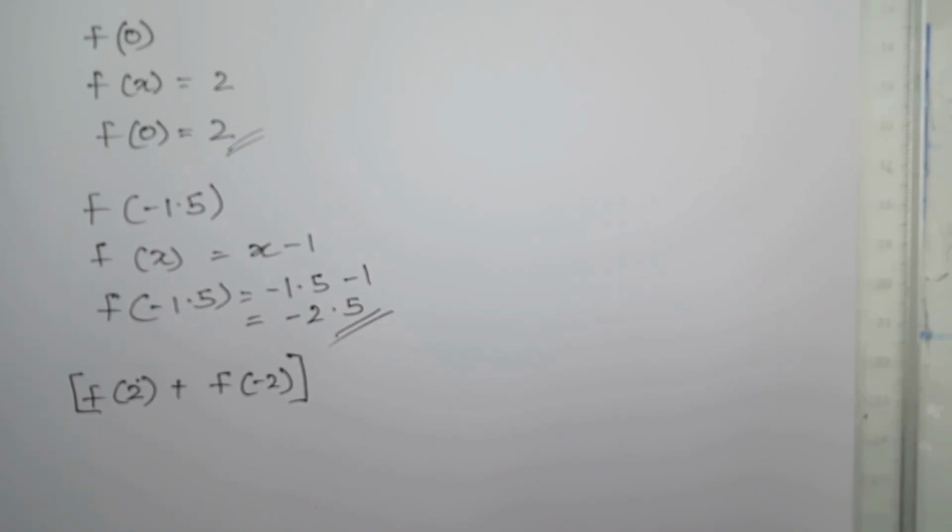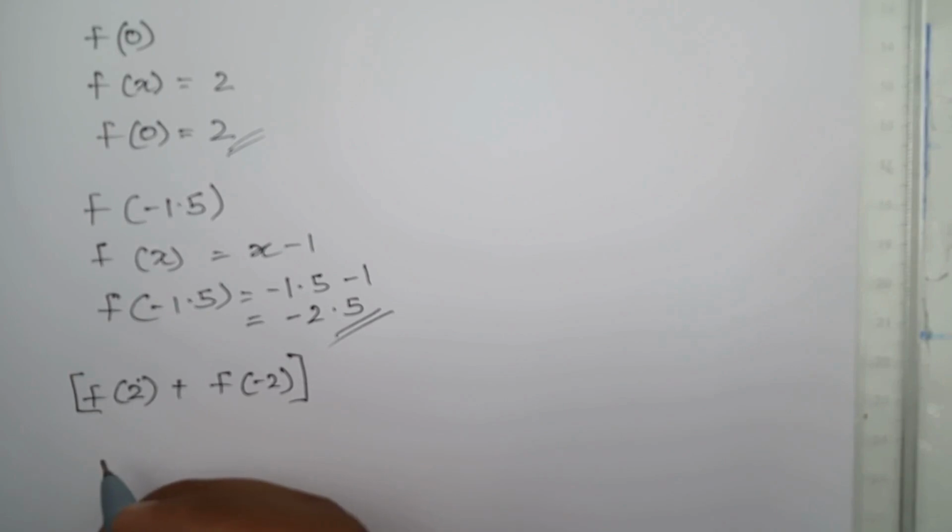That means x can be 2, 3, 4, 5, 6. For the positive number 2 we can take the first condition. For the second, the third condition applies because minus 2 is present in between minus 3 and minus 1. That's why we should use the third equation for the negative number.